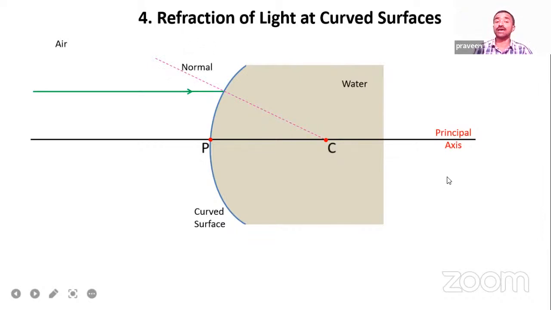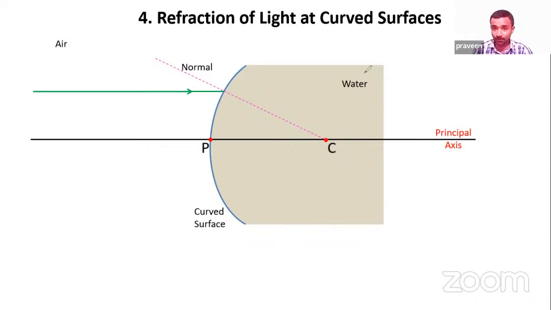Now, what happens if a light ray parallel to the principal axis is incident on a convex surface, then propagating into the denser medium? Simple. I am not giving importance to the surface.